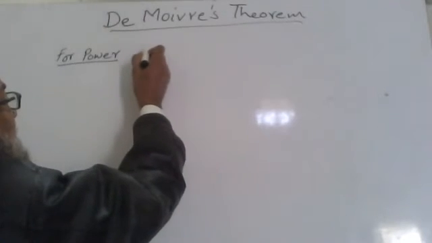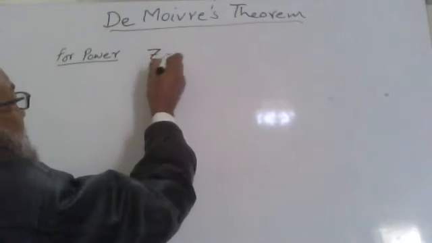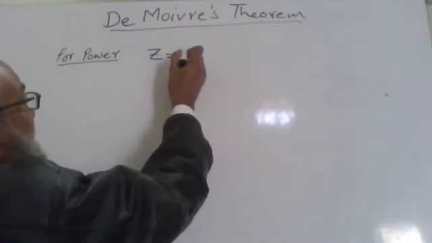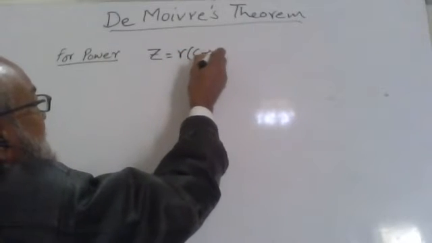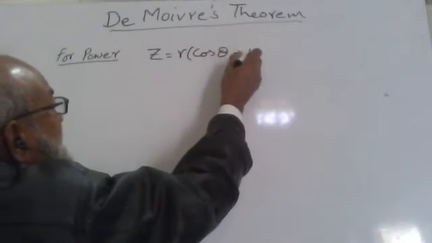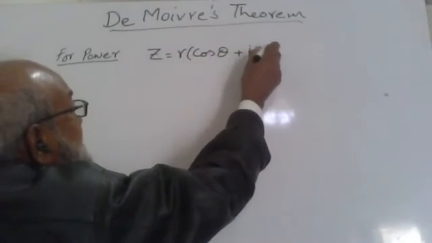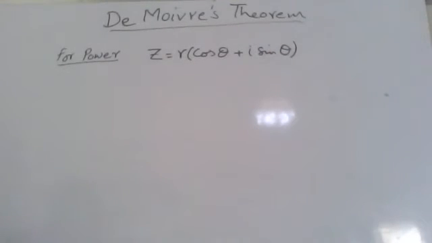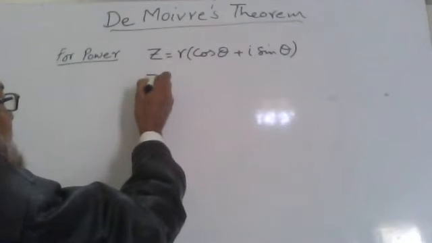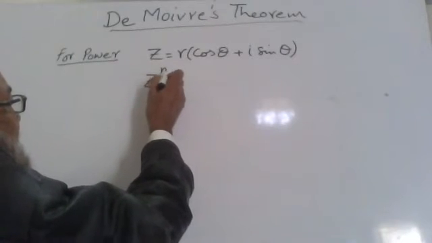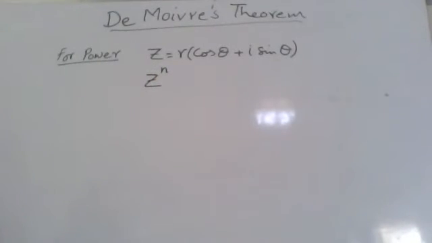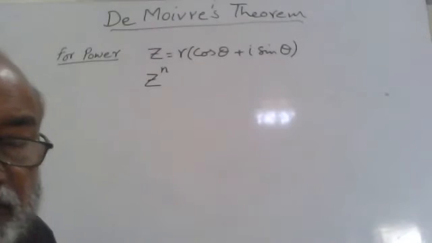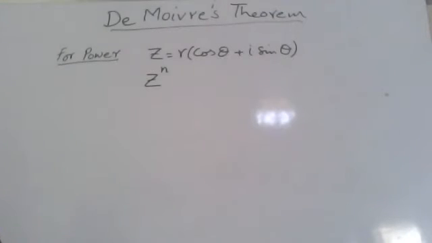If Z is equal to r cos theta plus iota sin theta, then Z raised to power n, n must be a natural number.